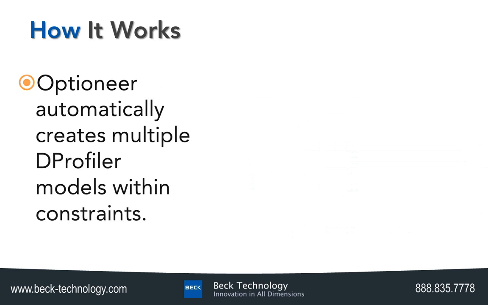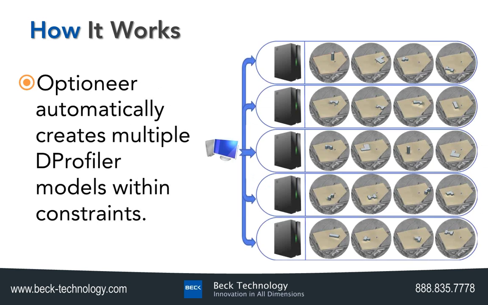So then after we input those design constraints, after we input those variables and their various different constraints, Optioneer will automatically create multiple deprofiler models within those constraints. So we've got a large server cluster that we then farm a lot of this work out to. And on each one of these machines in the server cluster, they're creating many, many different deprofiler models.